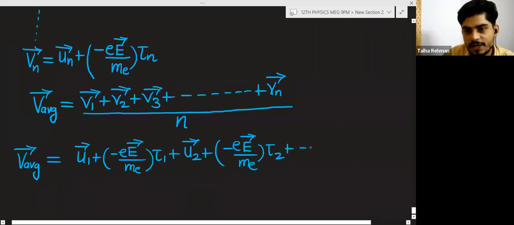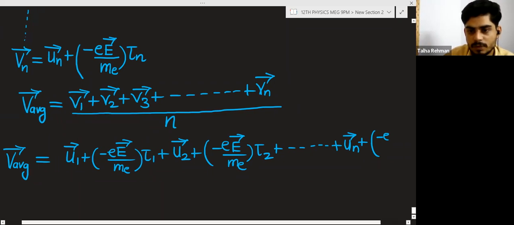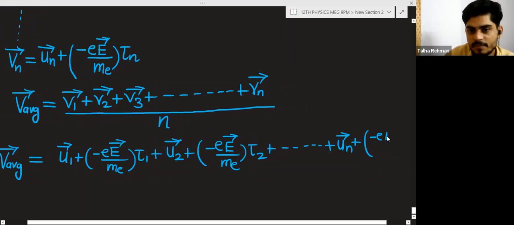Accordingly you can write for the nth electron: un plus minus E, capital E vector, divided by mass of electron into tau n.